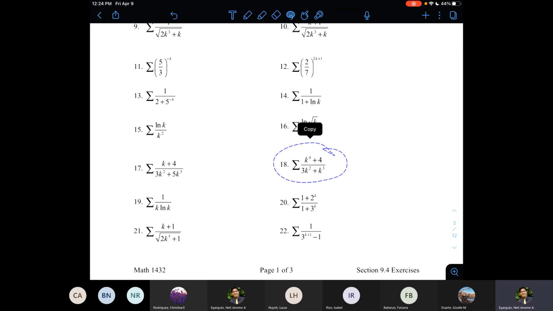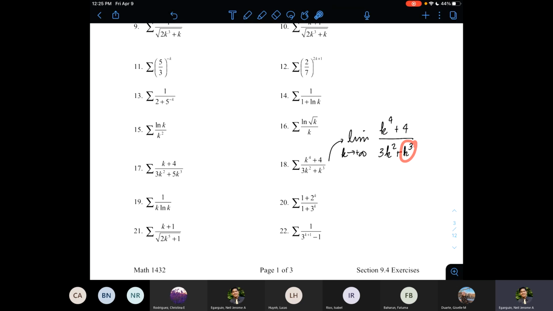I'm thinking to try problem 18. But problem 18 is easily seen to be divergent because you can apply the basic divergence test. So if you take the limit of k to the 4th plus 4 over 3k squared plus k cubed as k approaches infinity, this is the basic test for divergence. The degree on the numerator is 4.